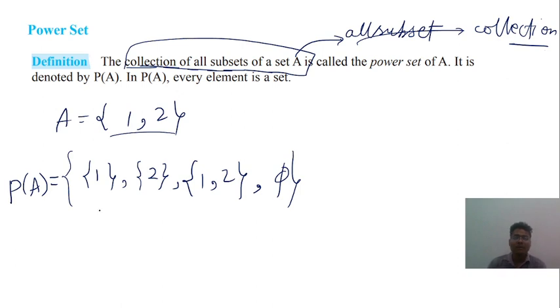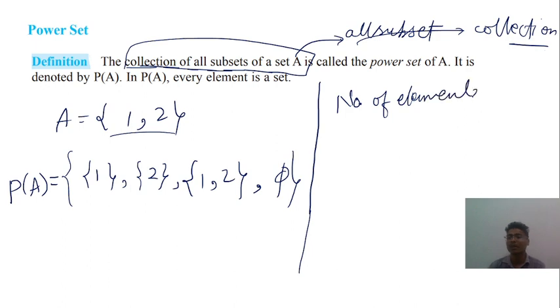And if you just want to know how many subsets we can make, then you can find it as the number of elements in the power set, which is 2 raised to power n.